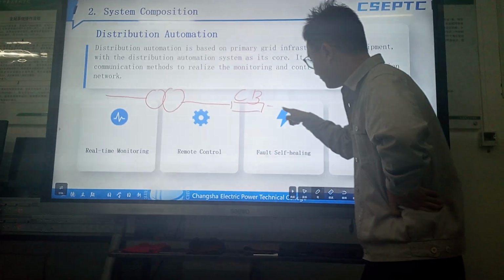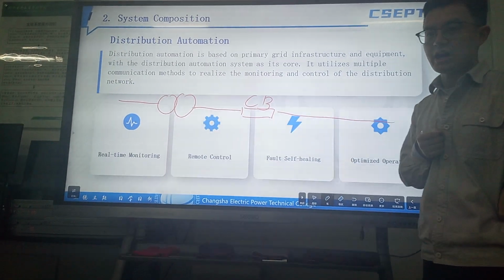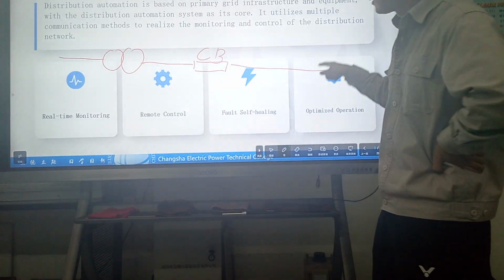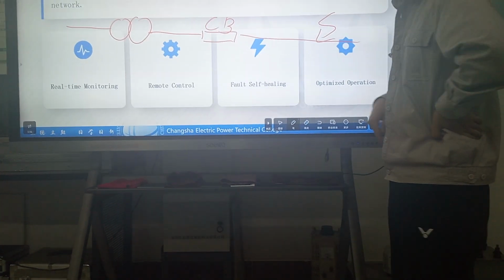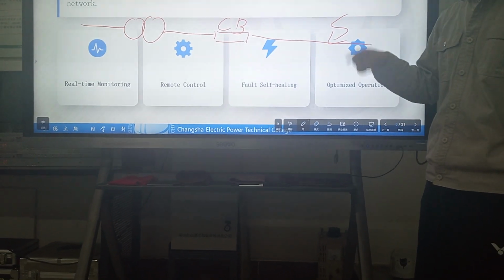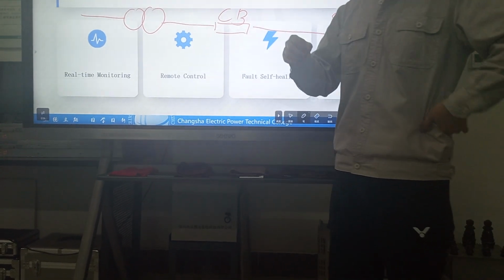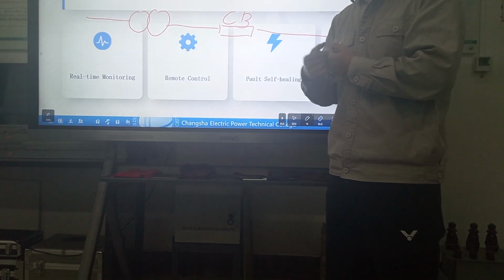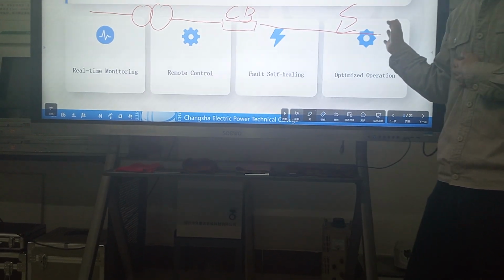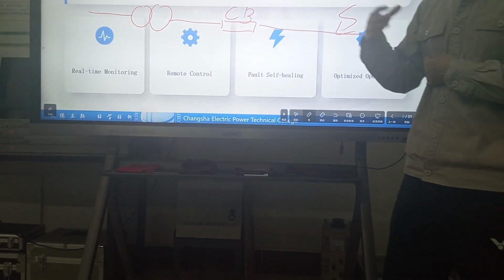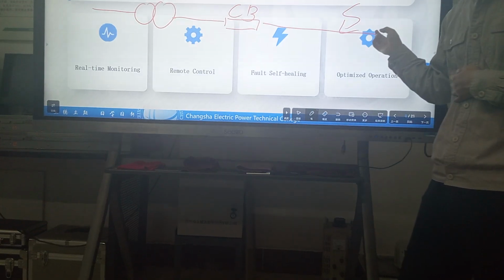And if a fault occurs, then the circuit breaker can cut off the whole line, which means power off, right?